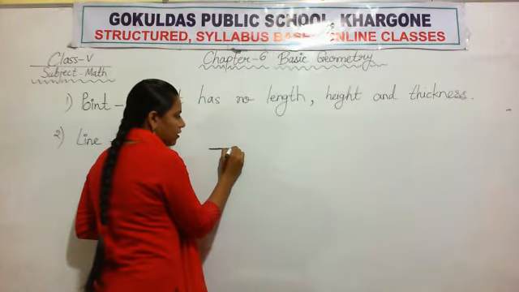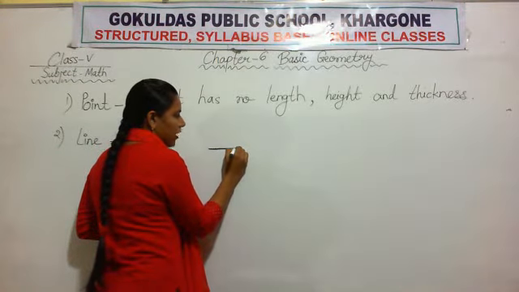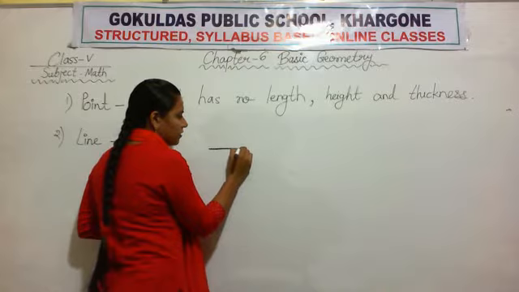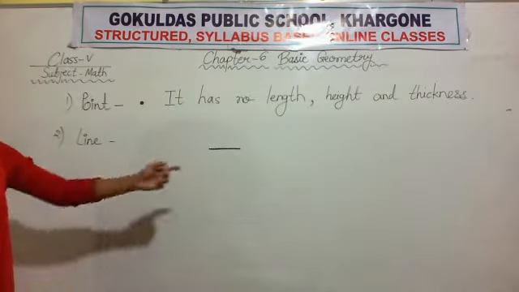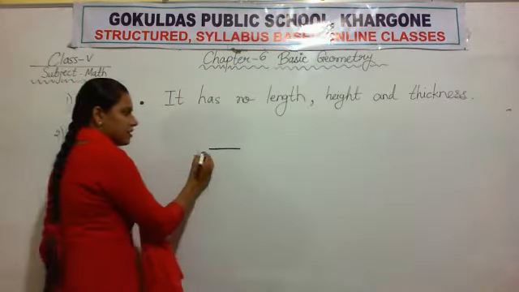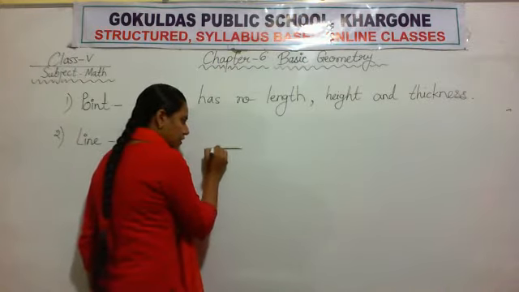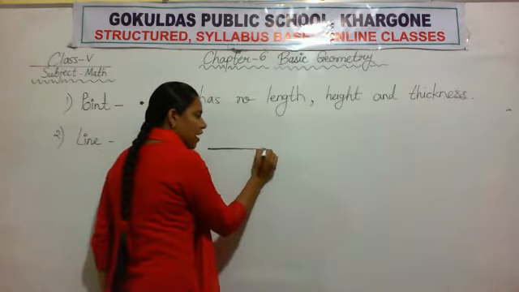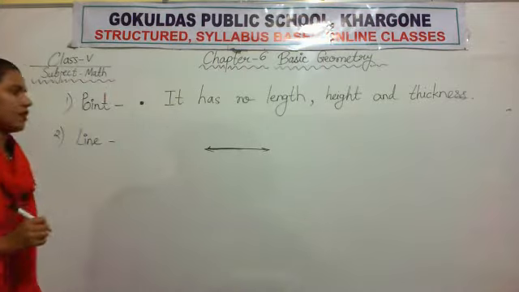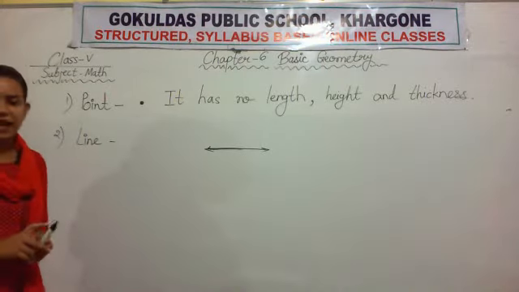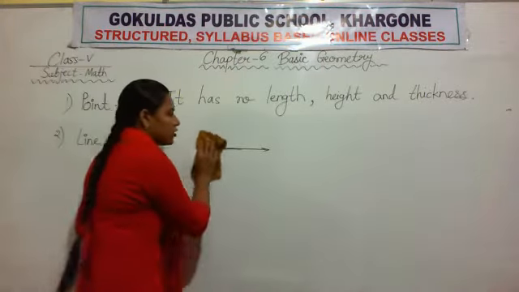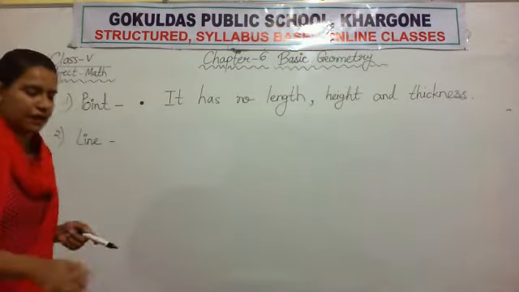See, if I join points or dots together, what do I get? I got a line, right? This is a line. A line has no endpoints. This is the symbol for line. When we join dots together, we get a line.